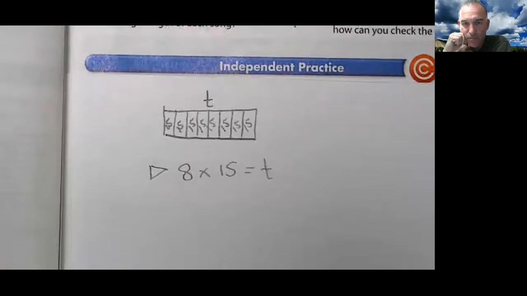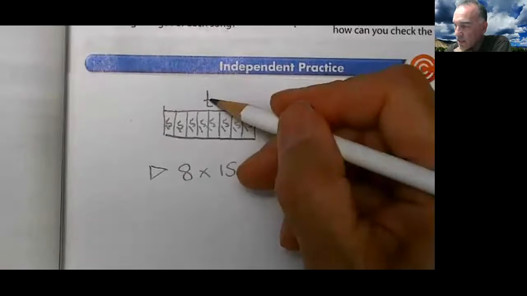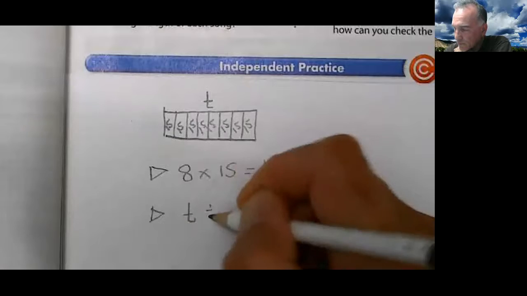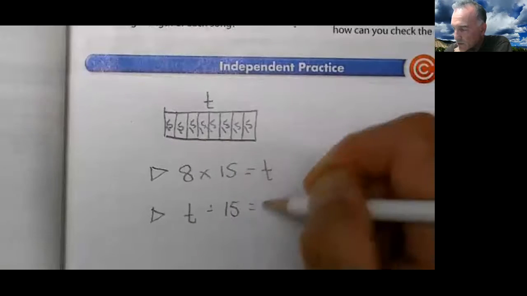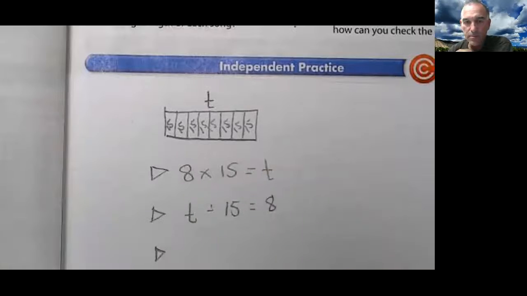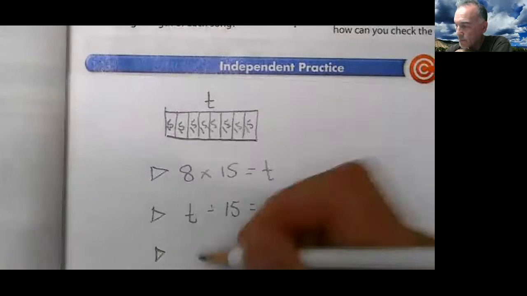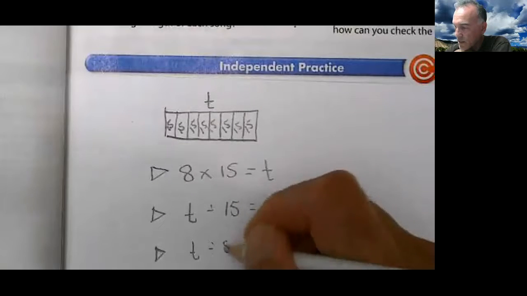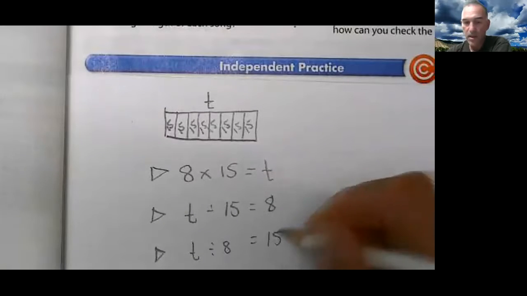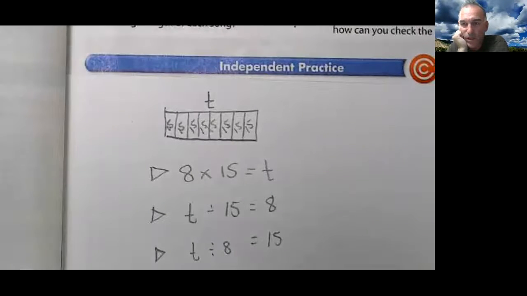Here's another one: T divided by 15 equals 8. And the third way: T divided by 8 equals 15. Any of those ways is going to do it.